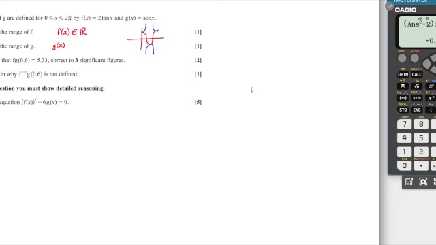So g of x has got to be greater than 1 or g of x is less than minus 1. Show that f of g of 0.6 is 5.33 correct to 3 significant figures. So this means we are doing g first and then we are doing f.